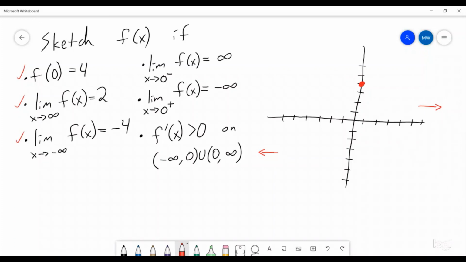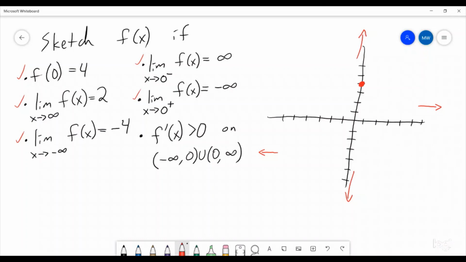Okay, the limit as x goes to 0 from the left of f of x is positive infinity. So that means as we get close to 0, it's going up and up and up. So it's going to be going like that there. But then as we go towards 0 from the right, it's going off towards negative infinity. Okay, and then the last piece says that the derivative is bigger than 0 everywhere except at 0.